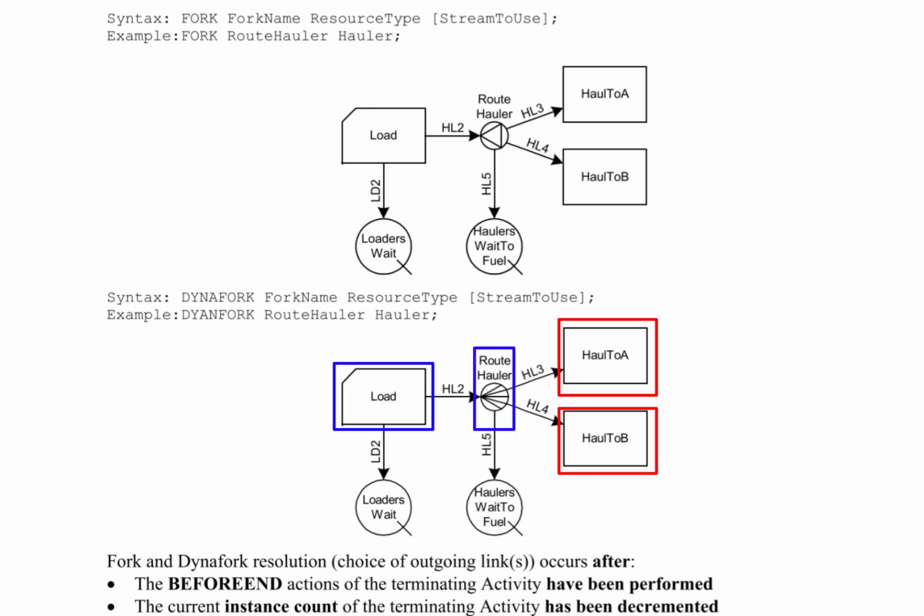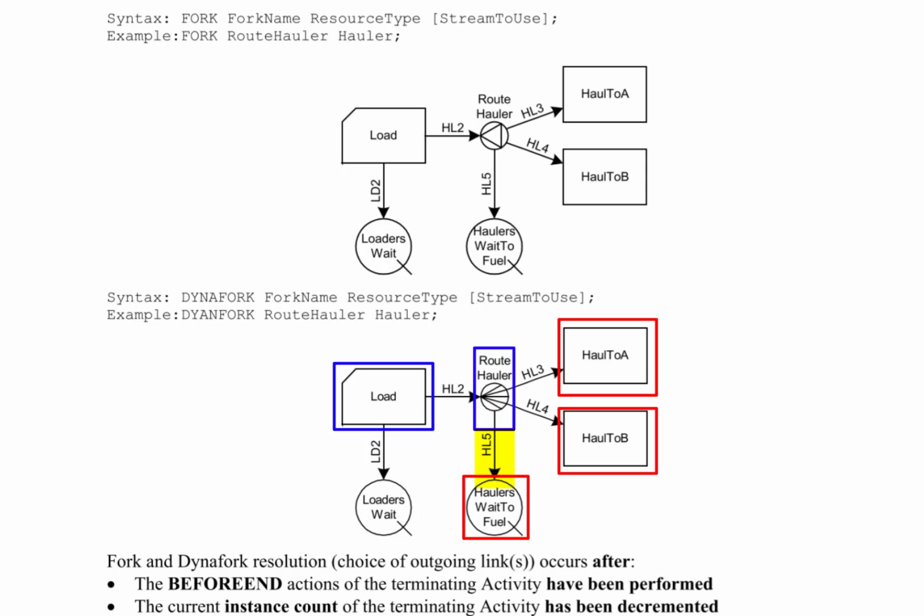Notice that it is possible that an instance of hold to A or hold to B will not receive any haulers routed by route hauler. If, for example, there is only one hauler in a terminating instance of activity load, then clearly that hauler can only go to an instance of hold to A or to an instance of hold to B or to the queue hauler's wait for fuel.